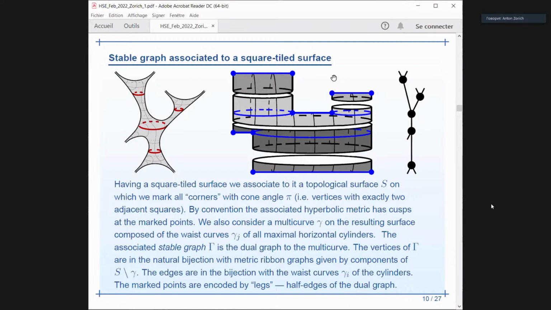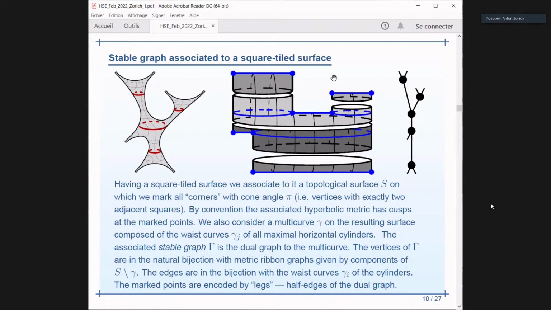I'm claiming that the count of square-tiled surfaces corresponding to this stable graph, as soon as we know how to count these metric ribbon graphs corresponding to individual layers, becomes sort of an exercise.